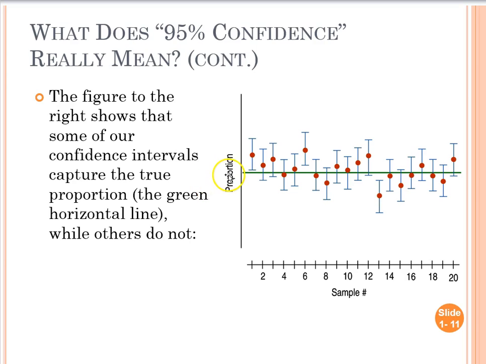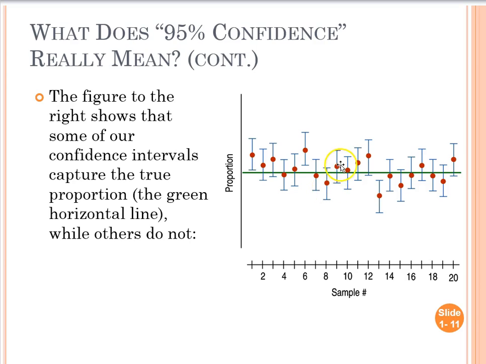We assume that the true proportion does not vary. So here, this green line represents the true proportion. Each time we sample, we can construct a confidence interval. So each of these blue lines represent a confidence interval reaching up and down. You can see that some of them contain the true proportion and some of them don't.